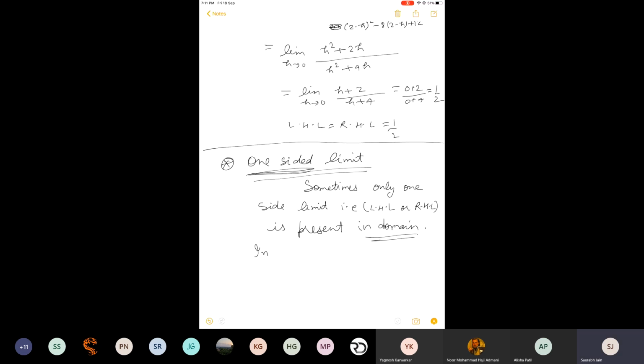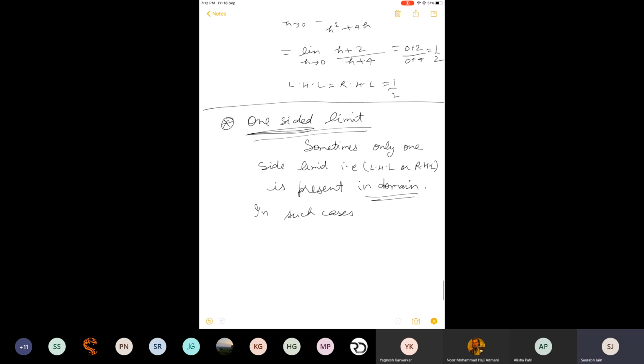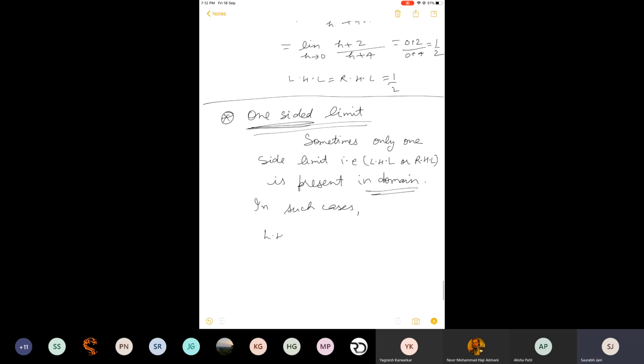In such cases, whichever of LHL or RHL is present is equal to a finite quantity, and this is your value of limit.